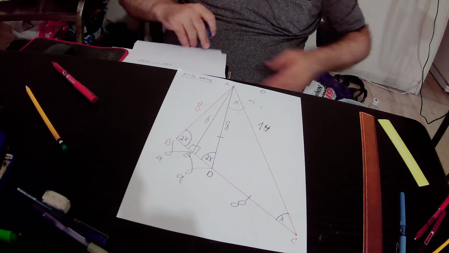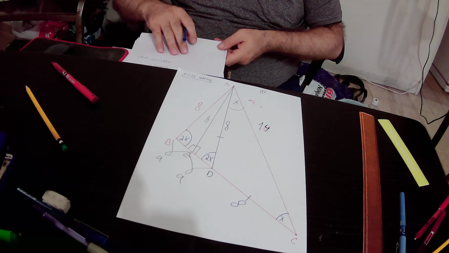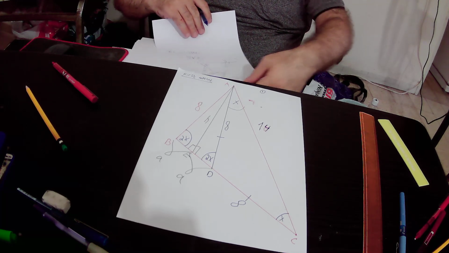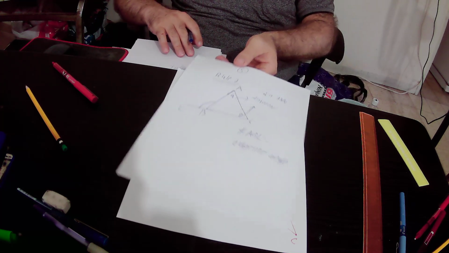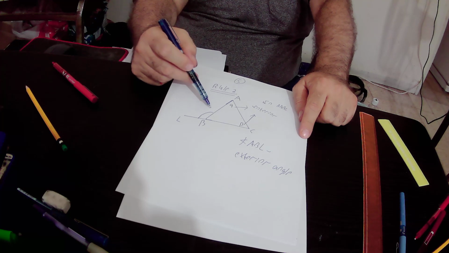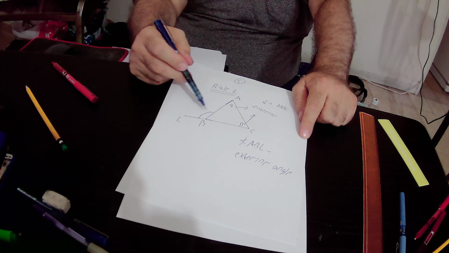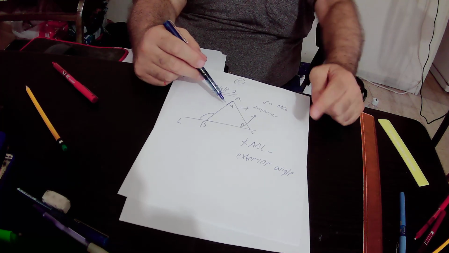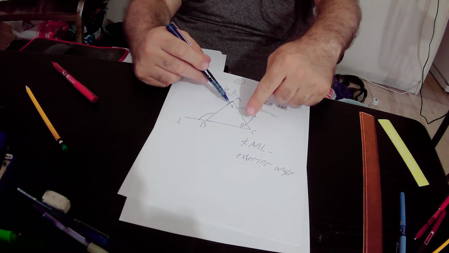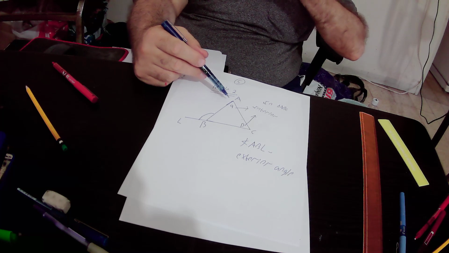And we have rule number 2 that talks about exterior angle and interior angles. In triangle ABC, this angle ABL is an exterior angle, and those two angles inside triangle ABC are defined as interior angles.